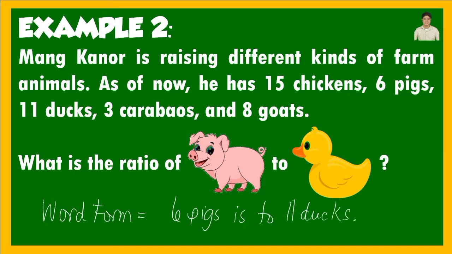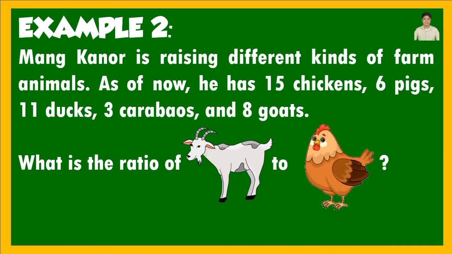Ayan. What is the ratio of goats to chickens in colon form? Number of goats, 8. Number of chickens, 15. So 8 is to 15.